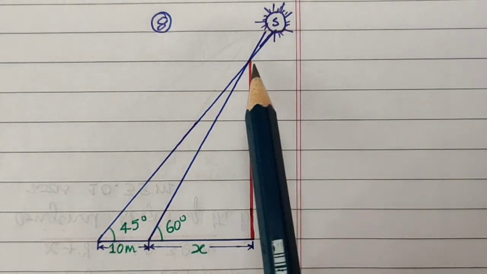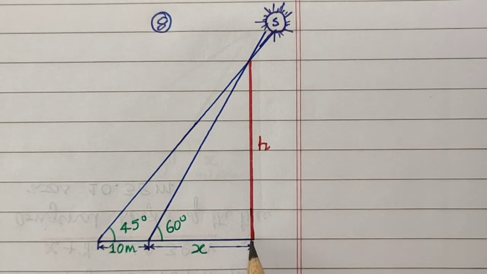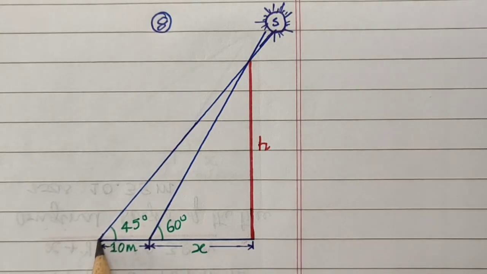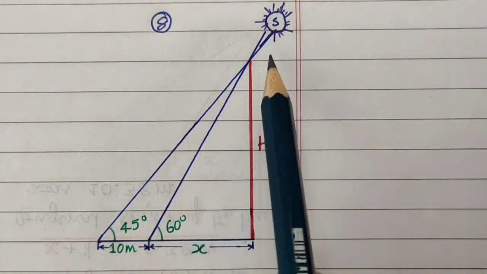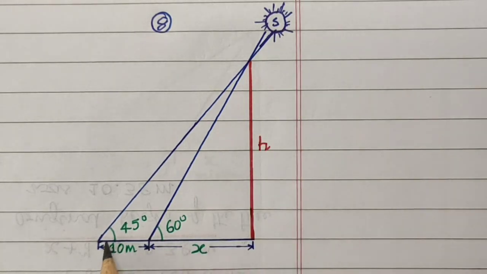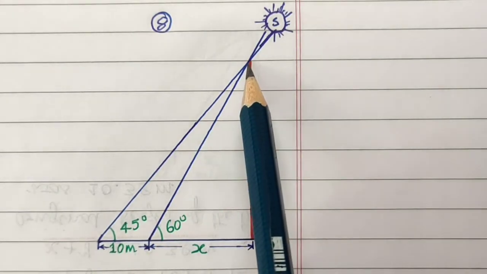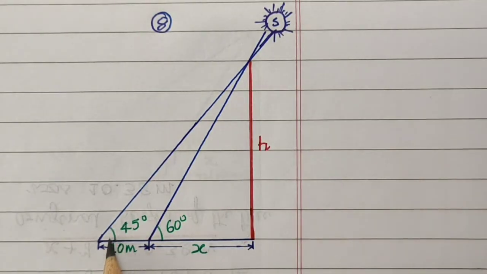The shadow, this is the tower, this is the shadow. When the shadow was here, when it is at 45 degree elevation to the sun, the shadow was 10 meters longer compared to when the angle of elevation is 60 degrees.